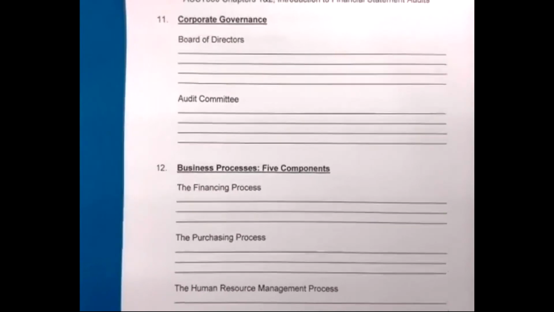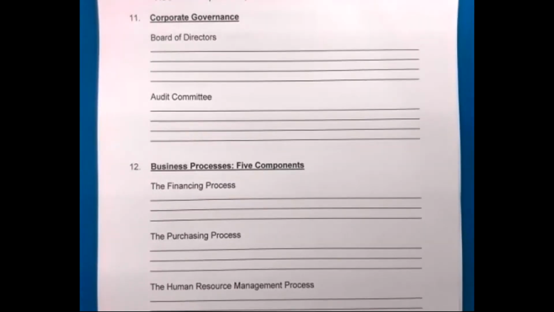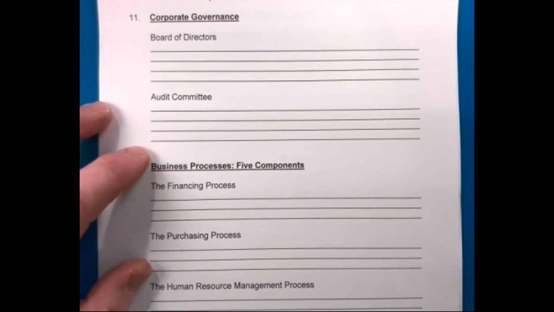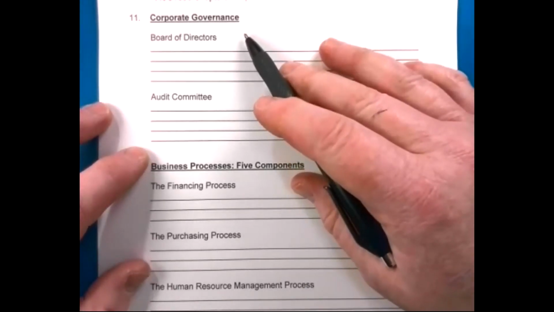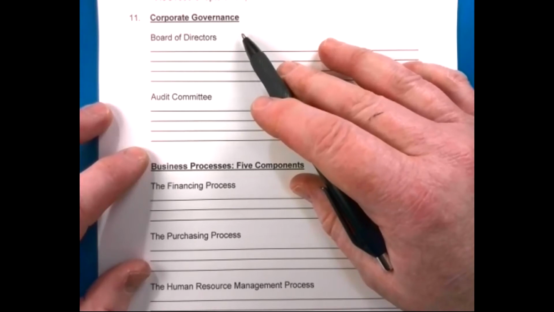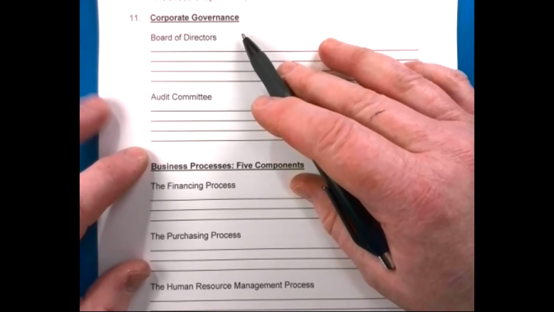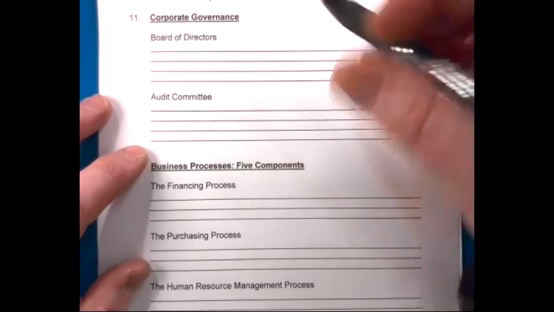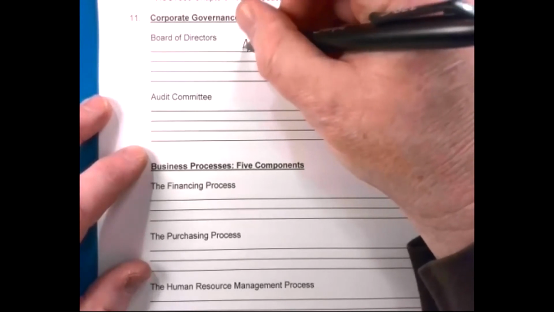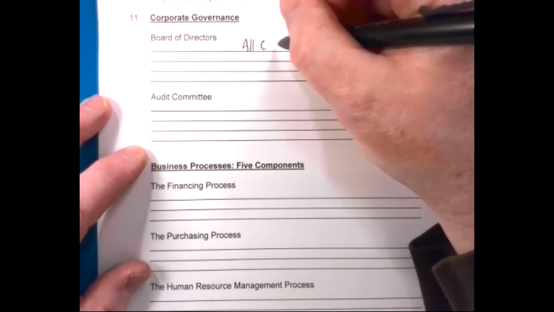This stuff, we're not going to go too far into this. Corporate governance. This is really big on the CIA and on the CPA exam. All companies will have a board of directors. It might be one person.